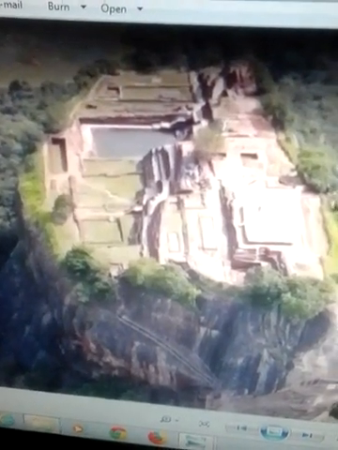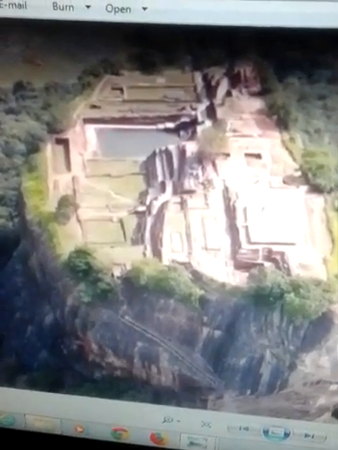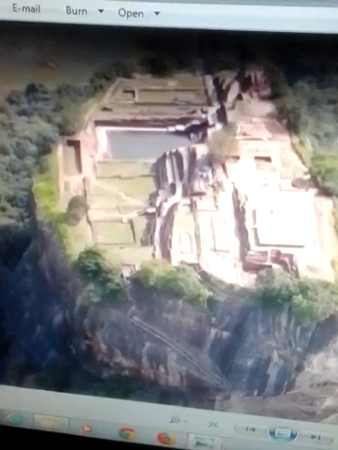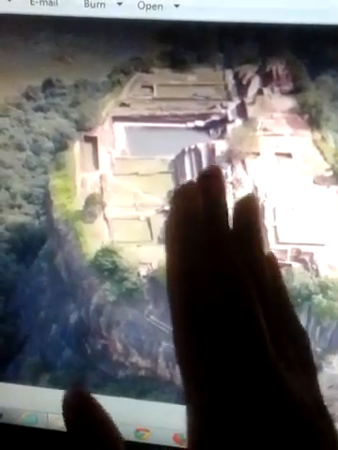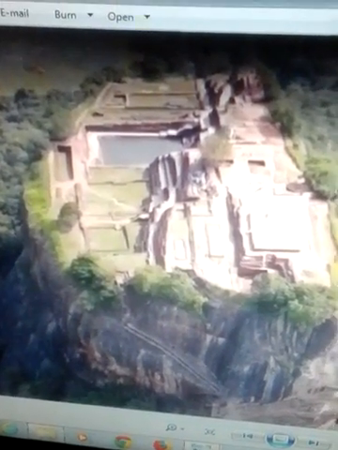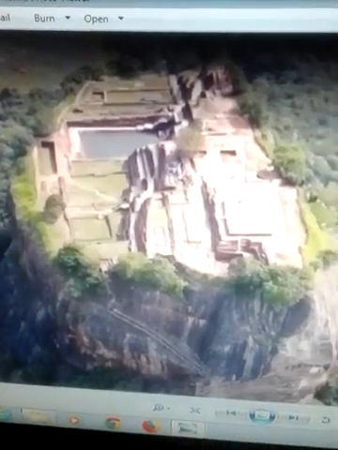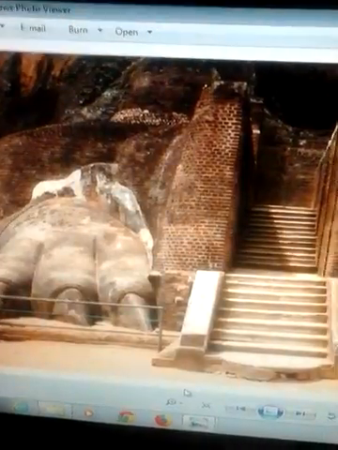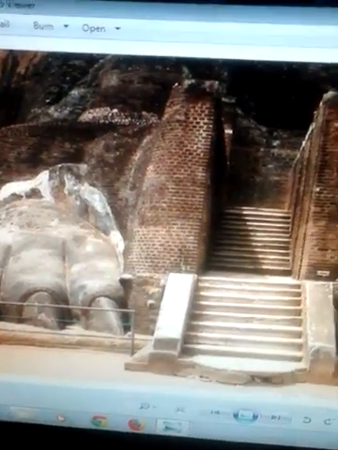How have they actually obtained a continuous air current flowing in the direction of Sigiriya? The answer can be found at the entrance of Sigiriya rock, that is the Lion's Paw.